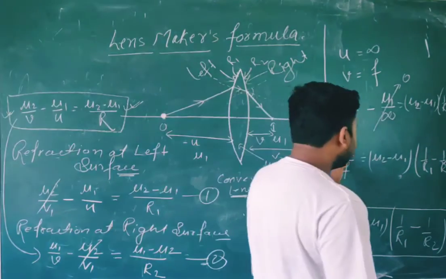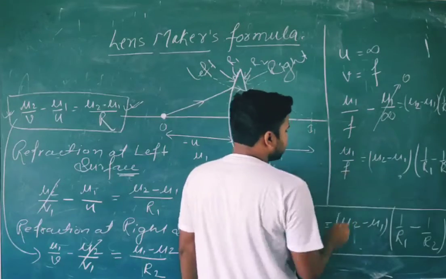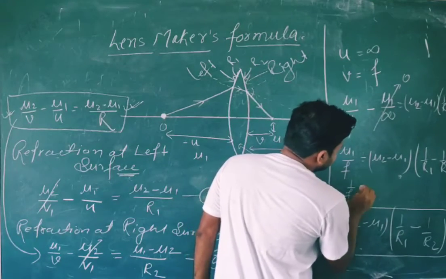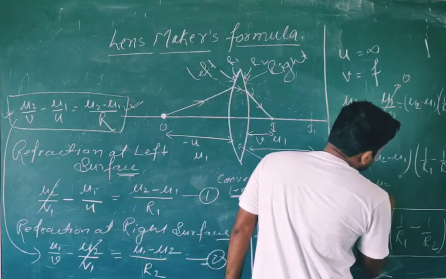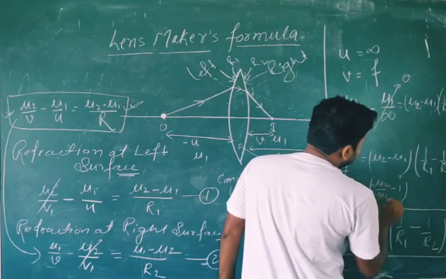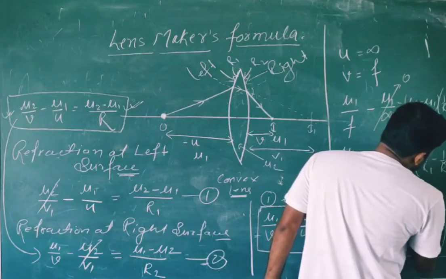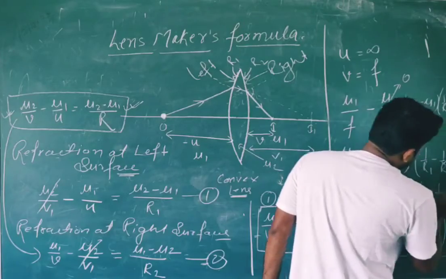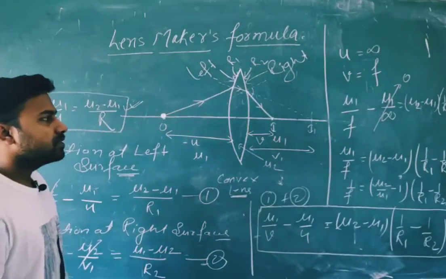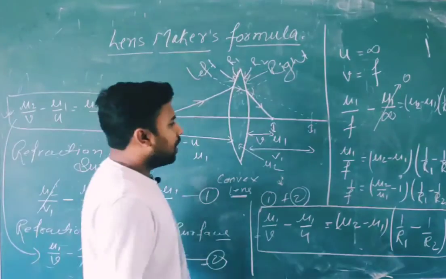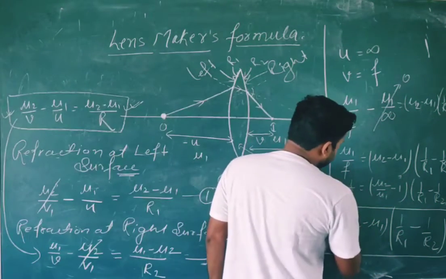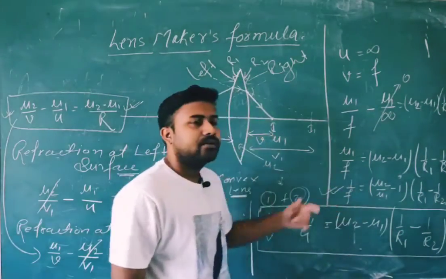Do one thing, divide this one to this side. So what you will get is 1 by f equal to (mu2 by mu1 minus 1) into (1 by r1 minus 1 by r2). It's simple, students. So from here we got the formula of focal length.